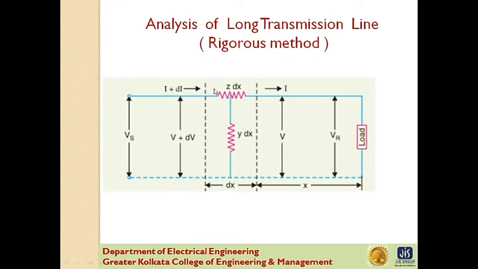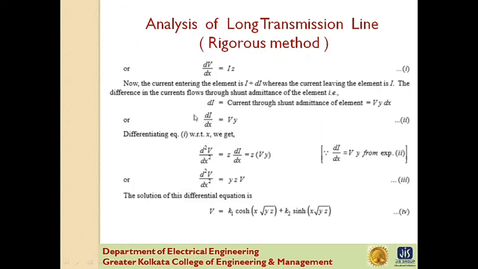So the difference between entering and leaving current is flowing through the admittance. So we can write dI is equal to V y dx, because V y dx is the current through the shunt admittance and dI is also the current through the shunt admittance. So from this, dI by dx equals V into y.